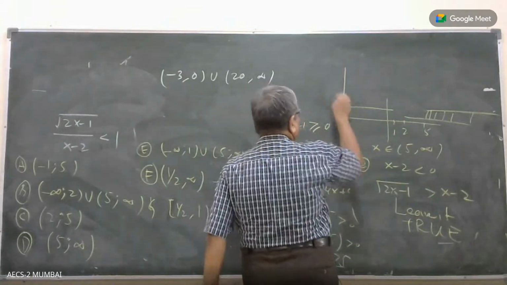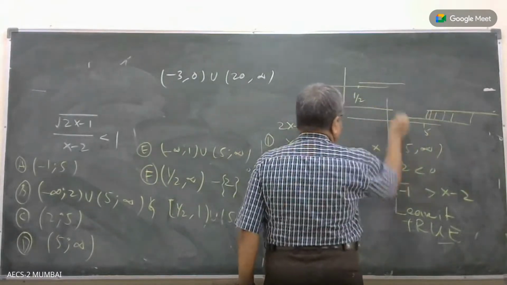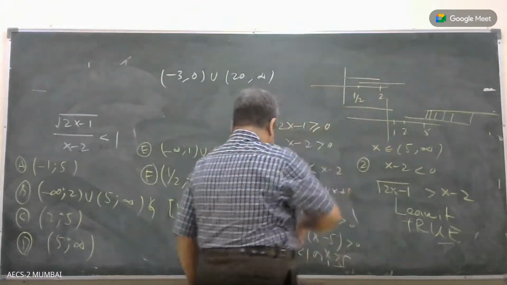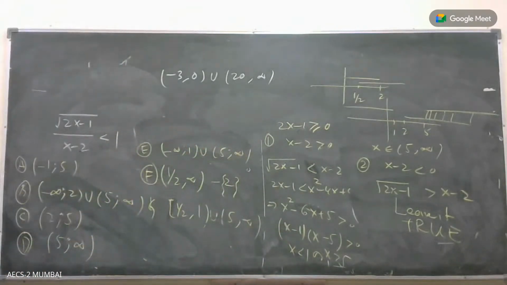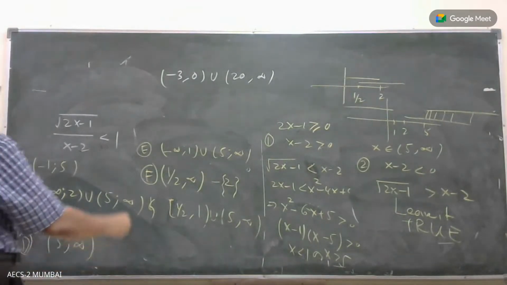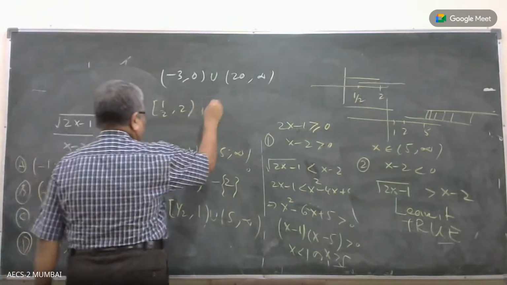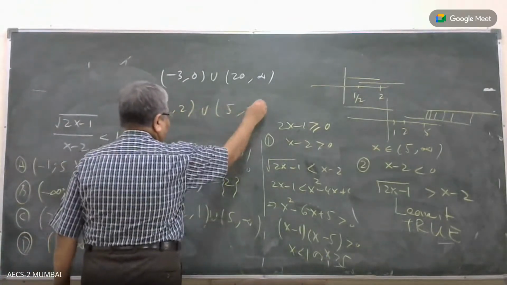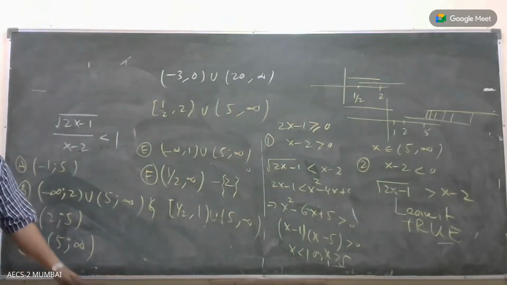So it says x is greater than half and it says x is less than 2. Sorry, you are still not right. This is the correct answer. The correct answer is half to 2 union 5 to infinity. This is the full correct answer.